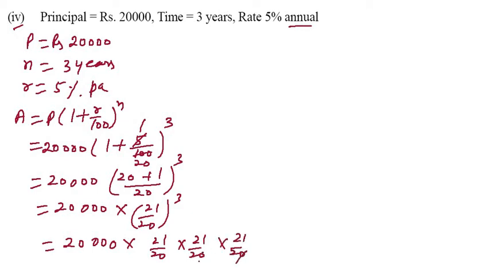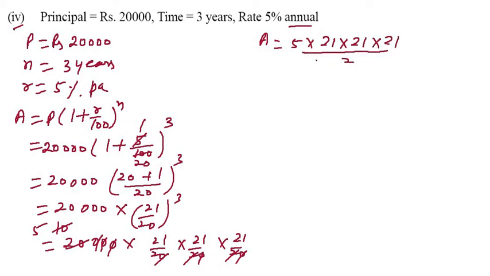So the three 0s will be cancelled with these three 0s. 2 1s are 2 and 2 10s are 20. Once again 2 1s are 2 and 2 5s are 10. So amount will be equal to 5 into 21 into 21 into 21 divided by 2. Let us calculate this one.